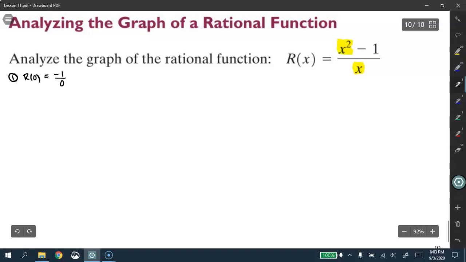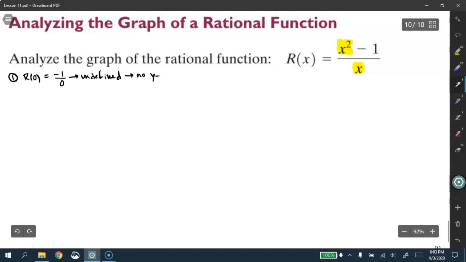And in the denominator, you have a 0. So notice that this is going to give you something that's undefined, right? So the conclusion that we reach there is because of the fact that it is undefined, there is no y-intercept.